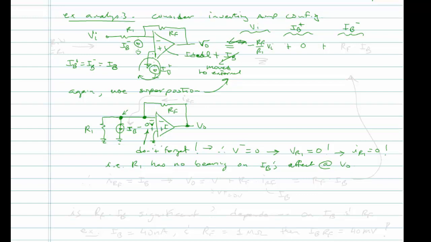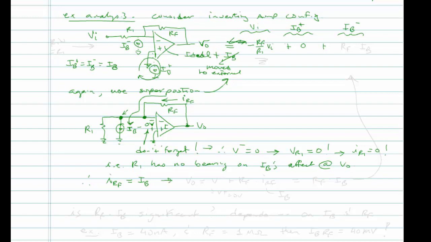So if I were to call, I'm going to label this here IRF. Now, other times I would label IRF pointing the other way, but here I'm defining it to the left, just because it's convenient, because now I can say IRF is equal to IB. Right? All this current has to go this way.